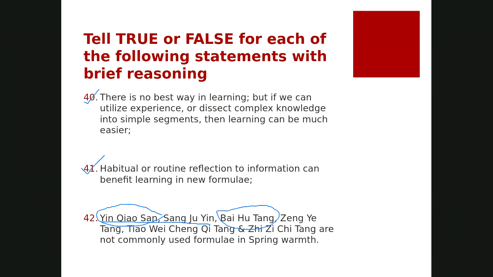Now, which one can help deal with the heat in the nutritive level? 银翘散, 增液汤 and 白虎汤 together. When combined together, they can deal with it in the nutritive level. Which one can help deal with the heat in the blood level? 增液汤, but it's not strong enough.